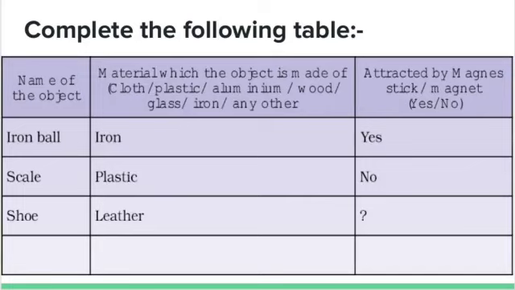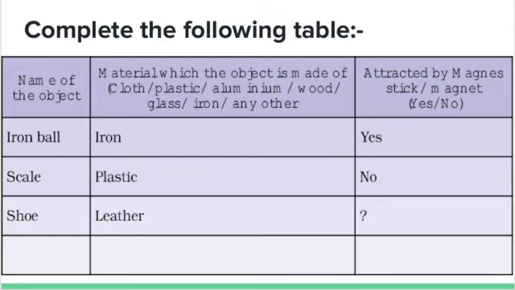Now a table is given to you in which you have to mention the name of the object, the material which the object is made up of, and whether it is attracted towards the magnet or not. The first object is an iron ball, which is made up of iron, and we know that a magnet can attract iron-made objects, so it is attracted, so write yes.